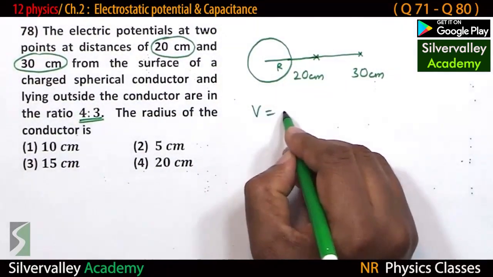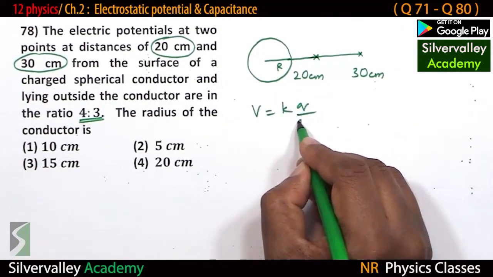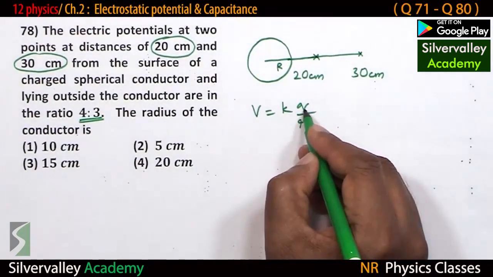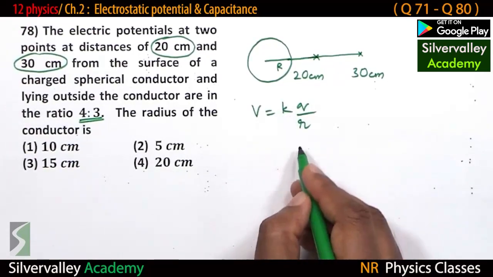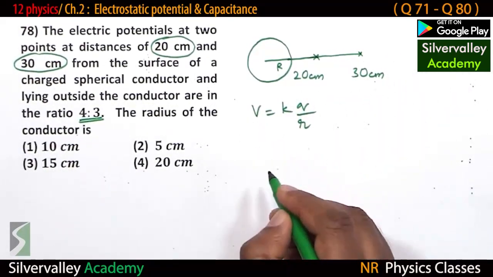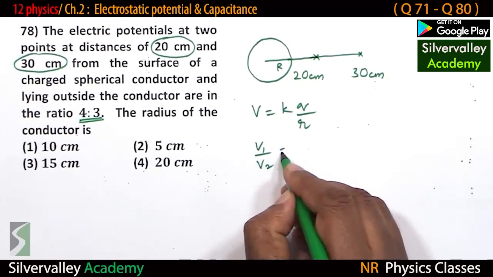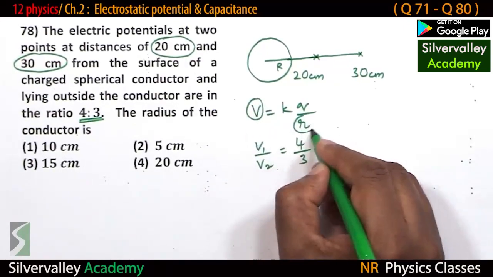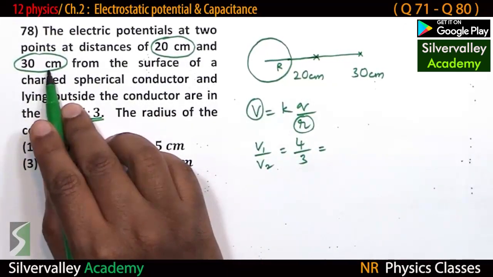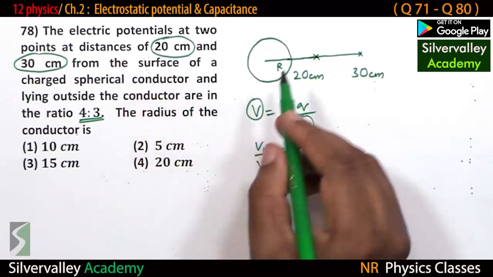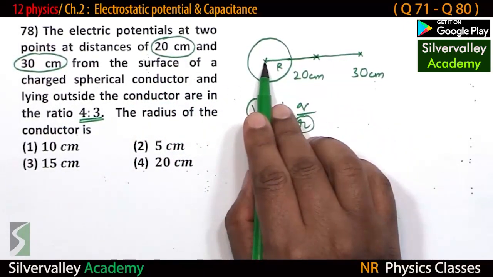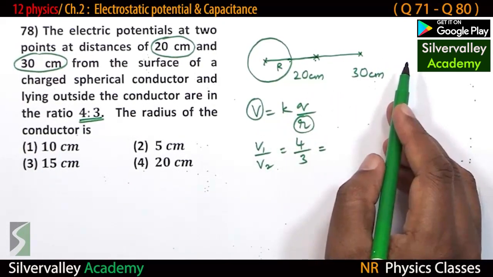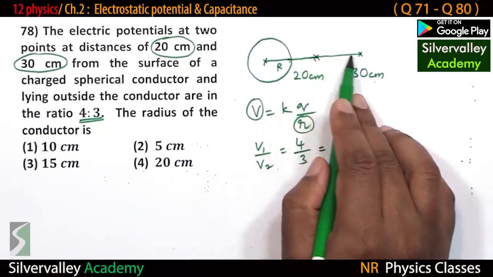So potential equals constant Q by R. Charge is constant, distances are changing, therefore V1 by V2 equals 4:3. These two are inversely proportional, therefore 30 by 20. No, we have to consider distance from the center, R plus 20, R plus 30.